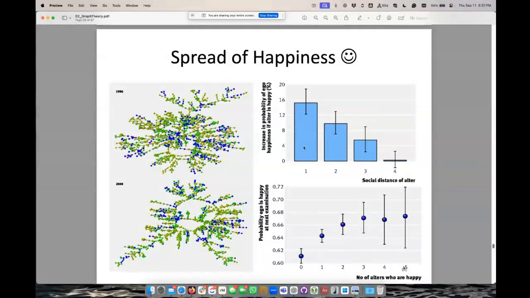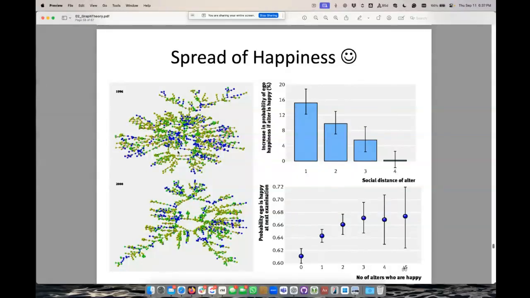However, the researchers also looked at various things to try to address that concern. Increasing the probability of your happiness, ego, again, ego and alter, right? Ego happiness, if alter is happy. If your friends are happy, then how likely are you going to be happy?